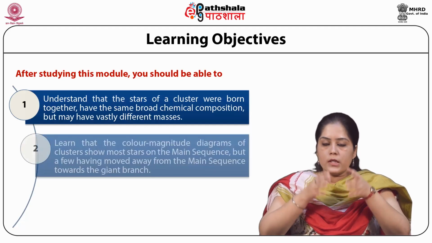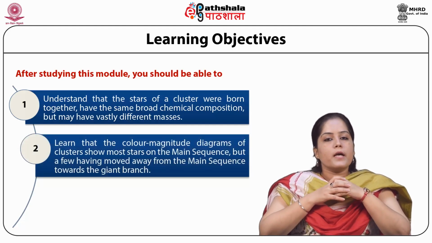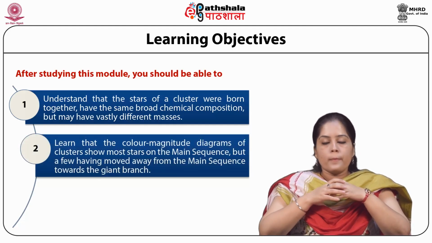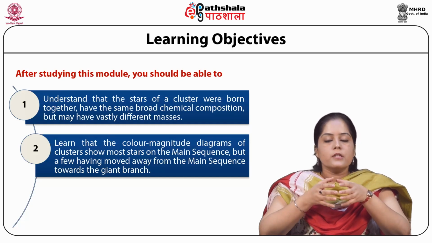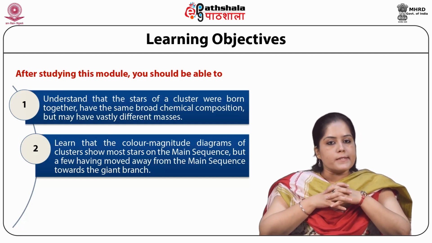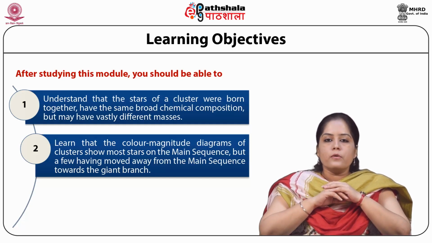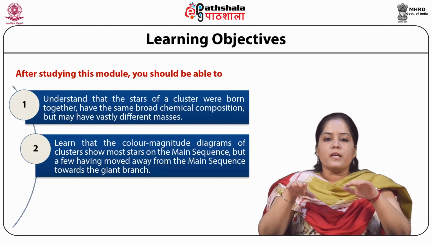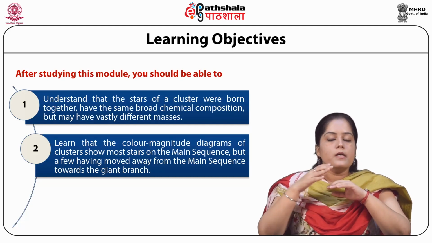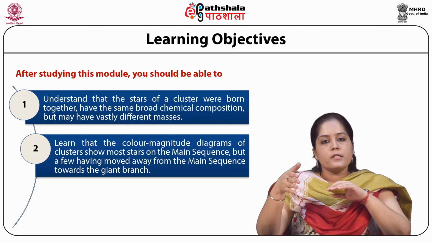And you will learn that the color magnitude diagrams of clusters show most stars on the main sequence, but a few having moved away from the main sequence toward their giant branch.